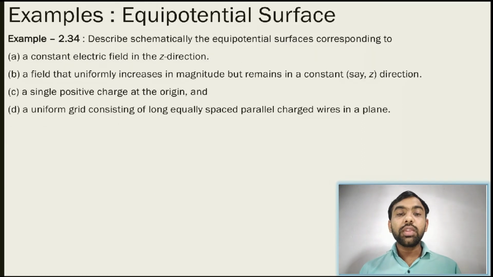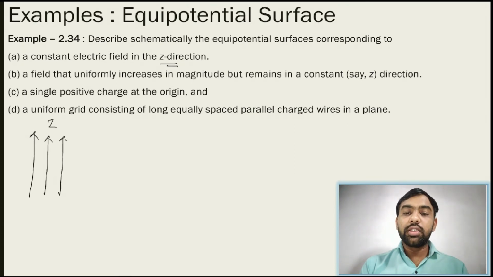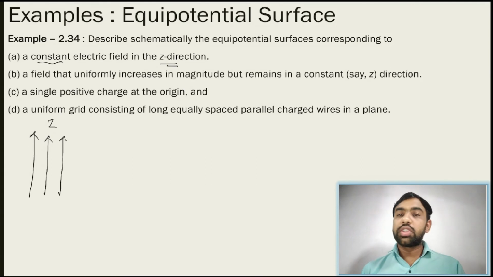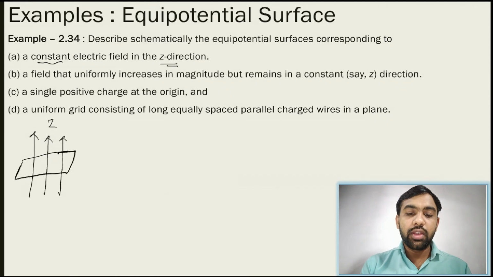Let's see some examples based on equipotential surfaces. Describe schematically the equipotential surface corresponding to a constant electric field along the z direction. If you consider the z direction, then that is a constant electric field along the z direction. It means the equipotential surface is in the xy plane.